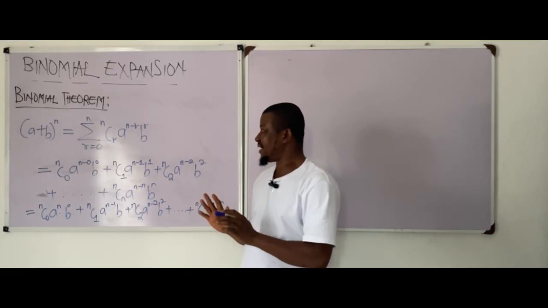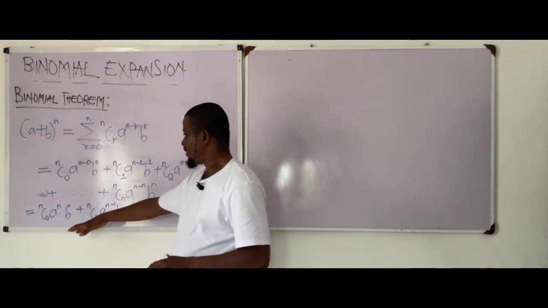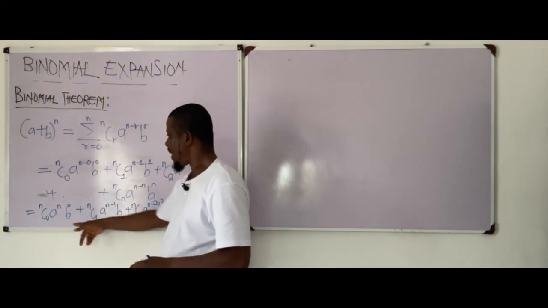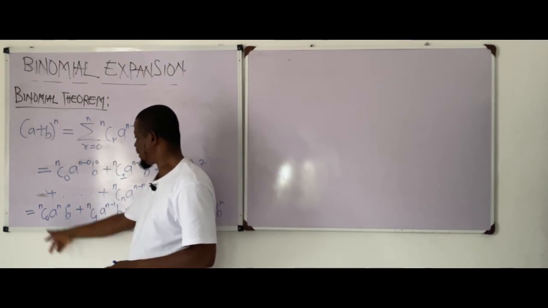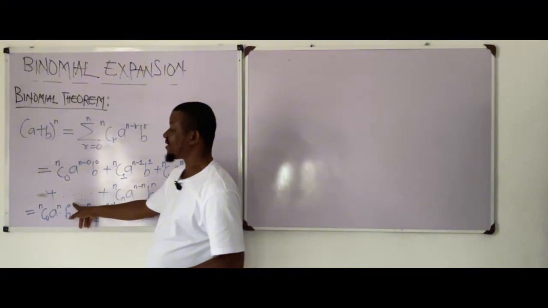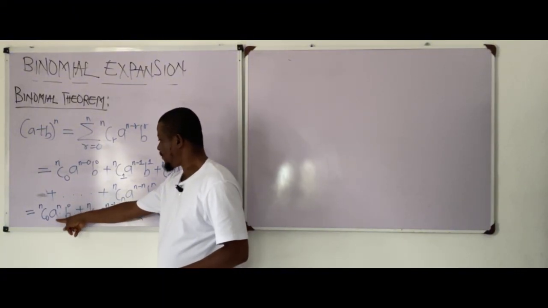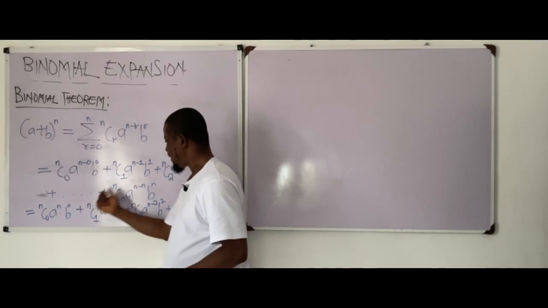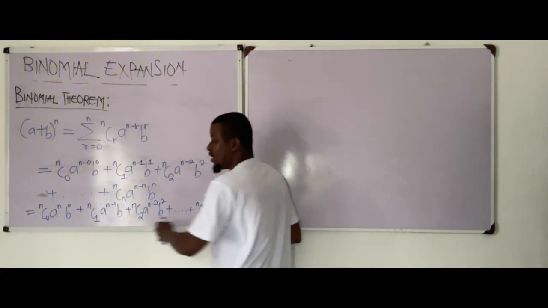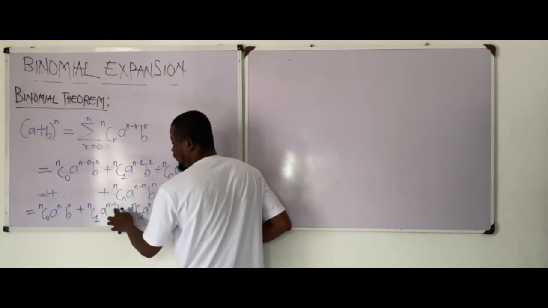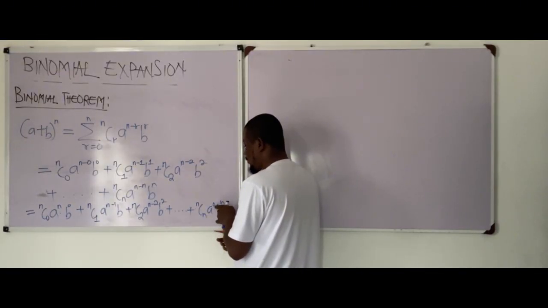Now the expansion is simple. If you have any binomial expression, it is just a summation of terms, where the first term takes the highest power n, because the highest power here is n. The power of the first term starts at n, and the next one will be n minus 1, n minus 2, n minus 3, as it goes down reducing by 1, till at the final point a is raised to power 0.